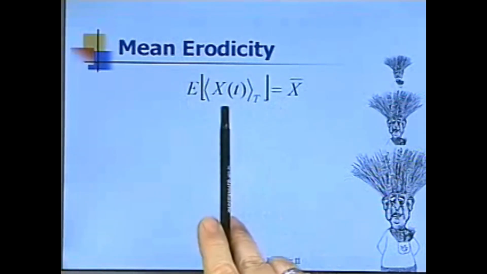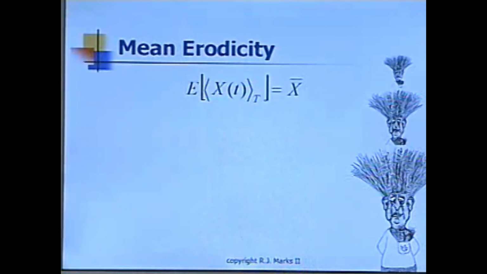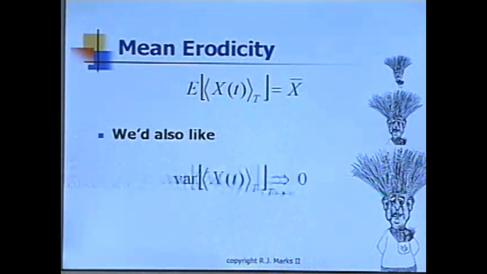This is not an ensemble average, it is a time average. We would also like the variance of x of t as t goes to infinity to approach 0. So the variance of our estimation becomes more and more exact the bigger we make t.